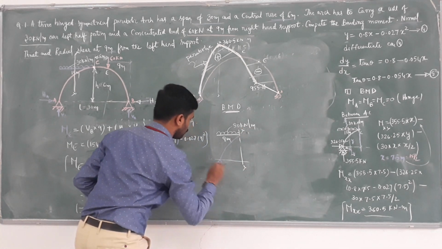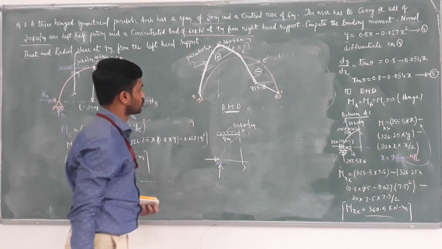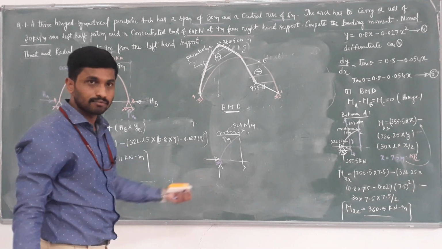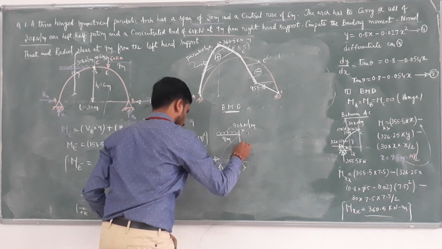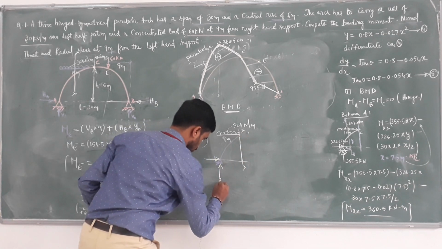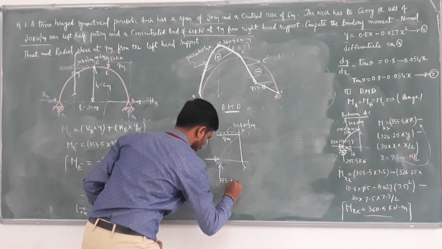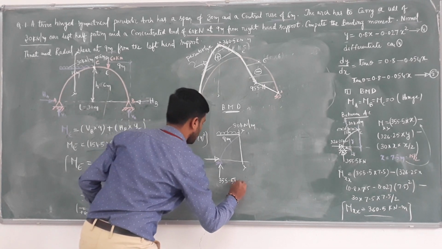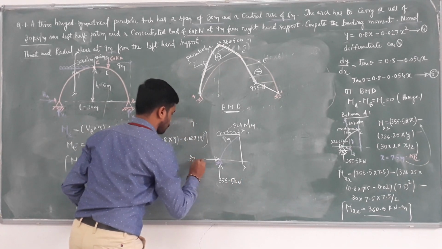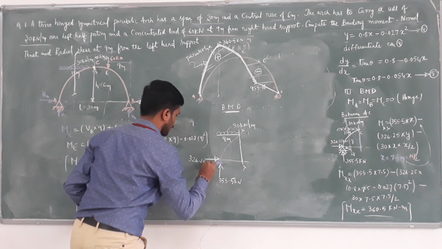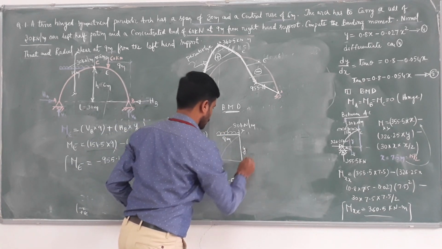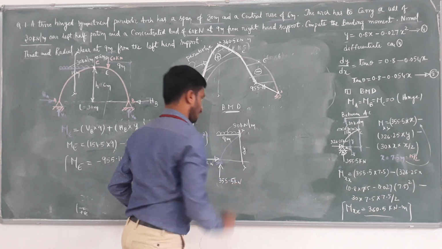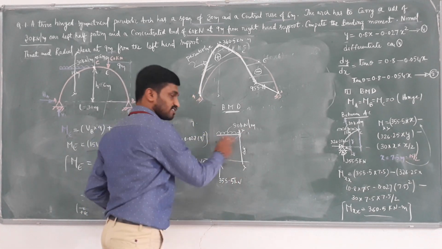I know the value of VA and H. VA is 355.5. What is the value of H? 326.25 kilonewton. And you take the Y value, but the distance is 9 meter.